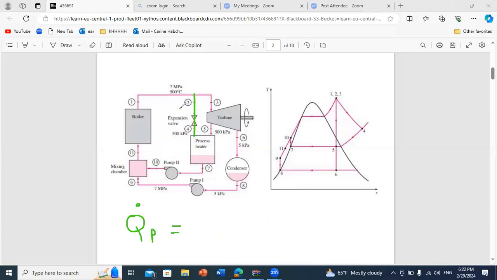We said we should consider the fraction X, so it's X times M dot H4, plus the fraction that goes through the process heater, Y, so plus Y M dot H5.